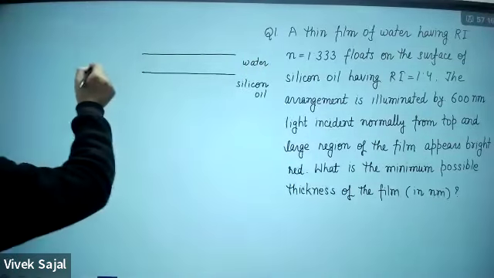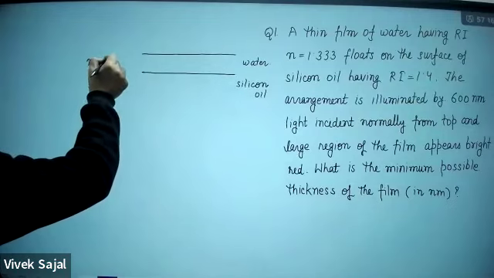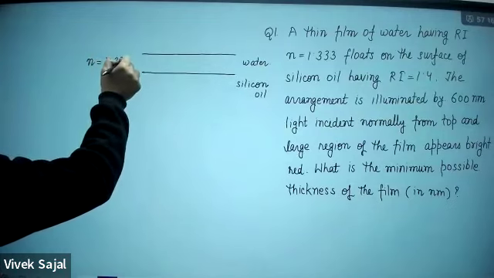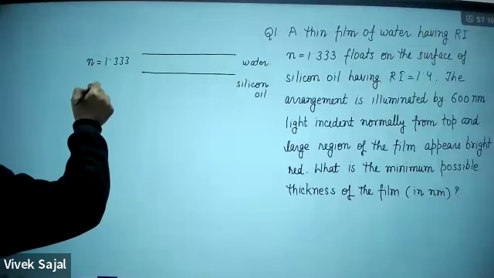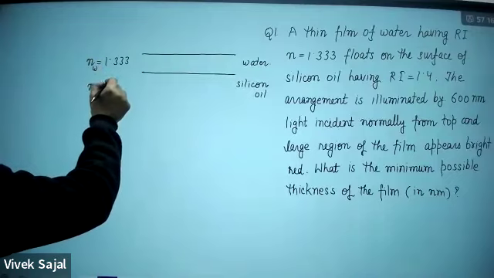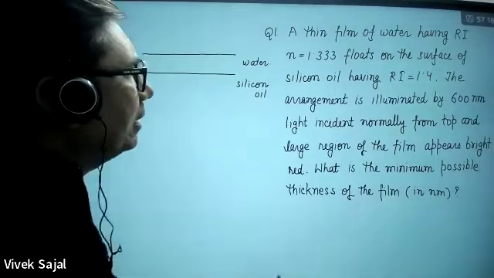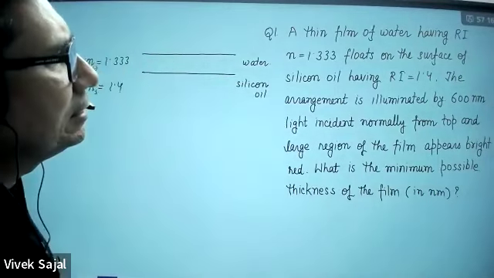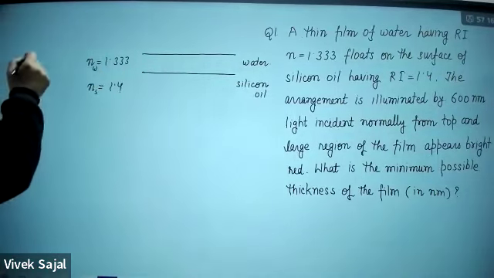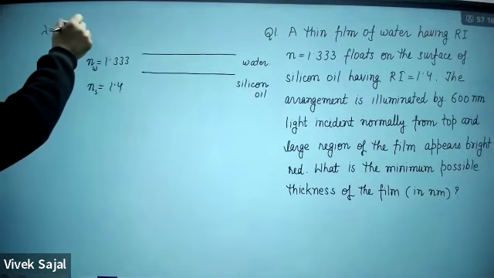Refractive index, they are providing us that this is 1.333. And for silicon, you can write S. Here you can write W. For NS, 1.4 is given here. The arrangement is illuminated by 600 nanometers. So what is lambda? Lambda is 600 nanometer.